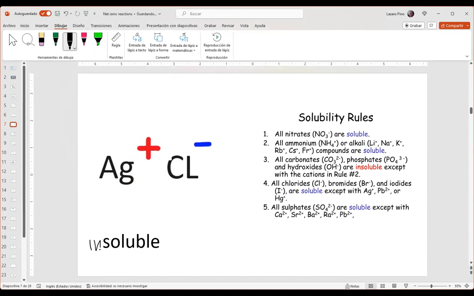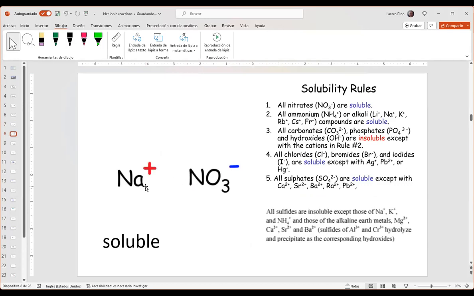Then every time we put this compound in solution, we are going to have a solid. Let's continue. Look at this, sodium and nitrate. All nitrates are soluble and sodium is in this group. So this compound is soluble for sure.